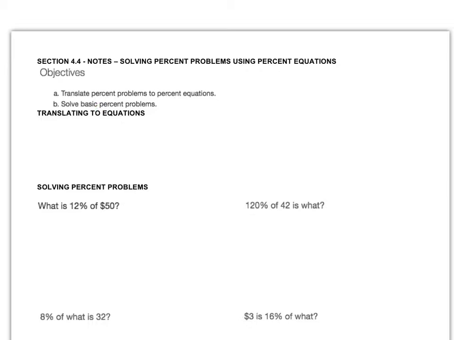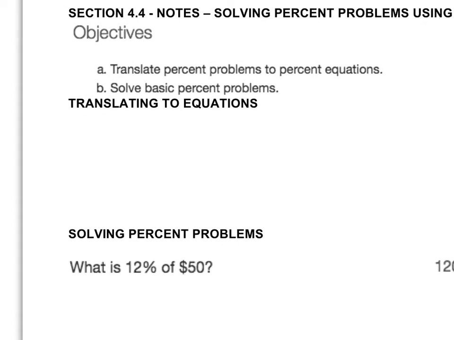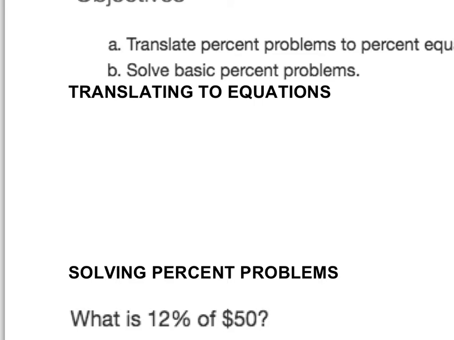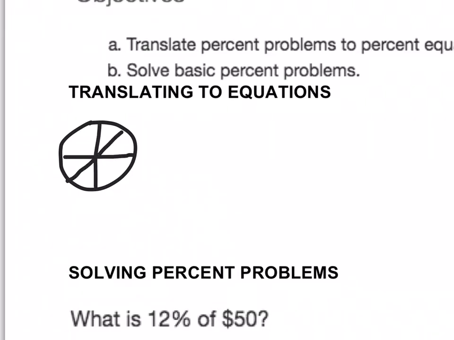So you'll have these phrases, and let's just think about this for a second. I still like to think about my pizza concept. If we have a pizza here, and let's say we've divided this into 8 pieces, so we have 8 total pieces.